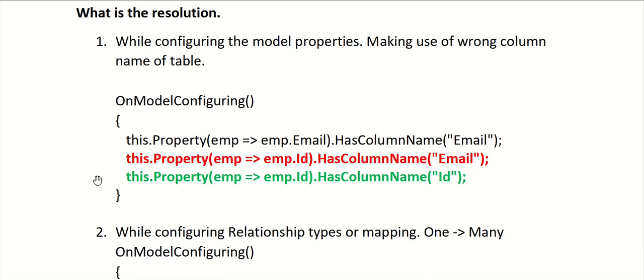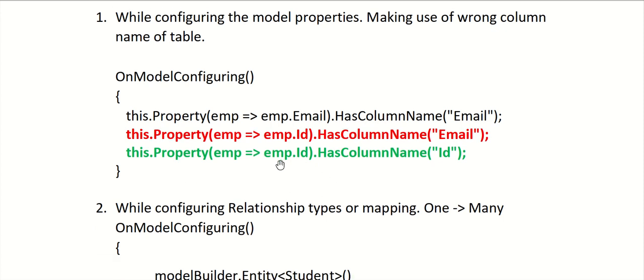That's it. I think this is one cause which will end up creating that kind of exception. So what is the solution? You should always give the mapping names of your entity's property and your database table's column name.